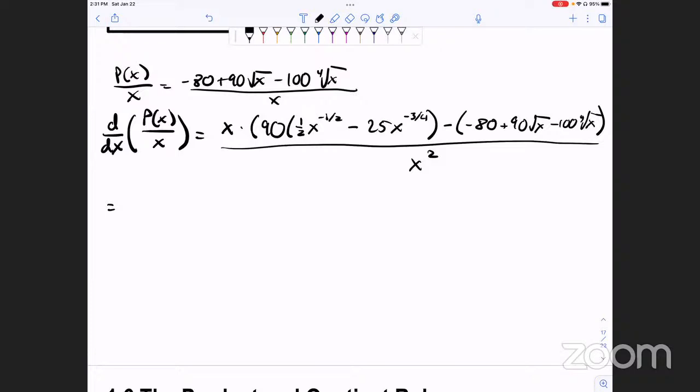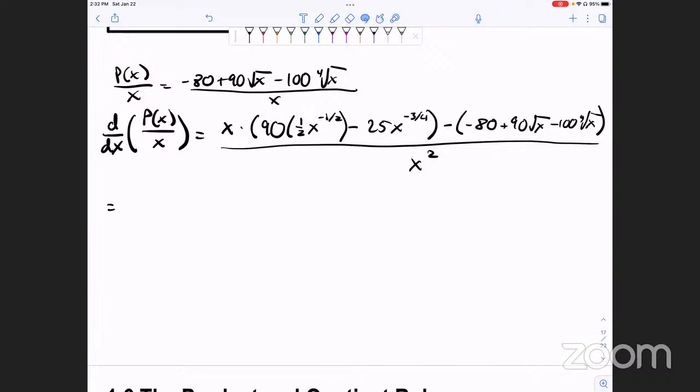It's a little bit jumbled, right? You know, we can say that 90 times the half. We can distribute this x into there.